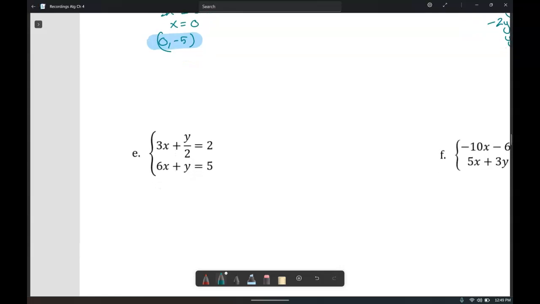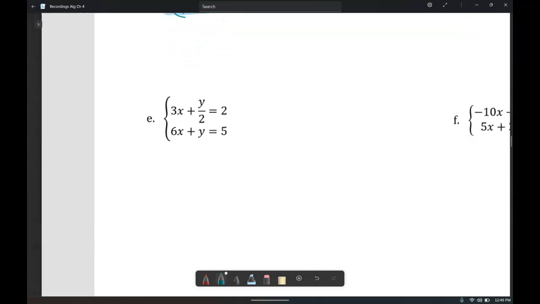Last couple examples. Here what we can do is we can just actually multiply our first equation by negative 2. That'll turn this term into a negative y, which allows me to cancel with the positive y that I have here. But we should notice something happens that is quite interesting. I would be remiss if we didn't have a question that gave us an interesting result.